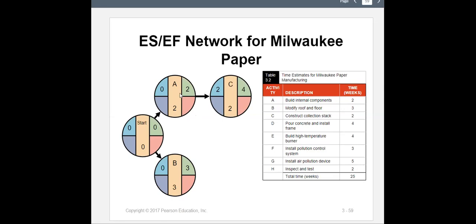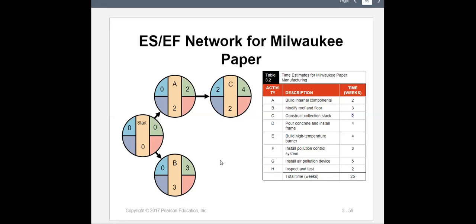So in this case, it's just A. 2 goes here. How long does C take to complete? 2 weeks, right here. So 2 plus 2, 4. So we can start C in week 2. If A is completed, it takes 2 weeks to complete C. 2 plus 2 is 4.